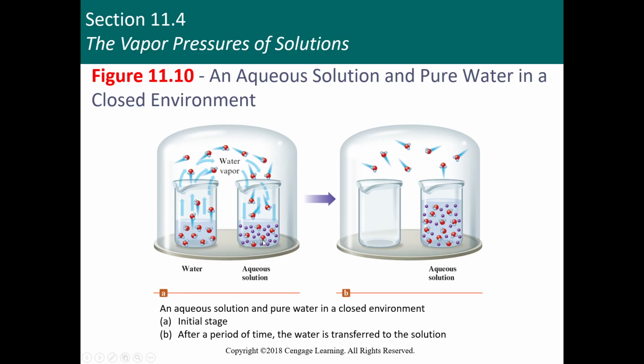And this is because this right here is going to seek to dilute this solute as much as possible. And so you will actually see that after a while, in this closed environment, you will actually get the majority of the water vapor collecting in here to make your aqueous solution. If this is a big enough container here, you will actually see none of your water left in here. It will have all evaporated.